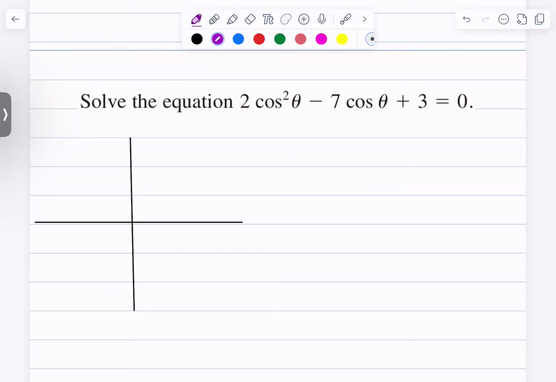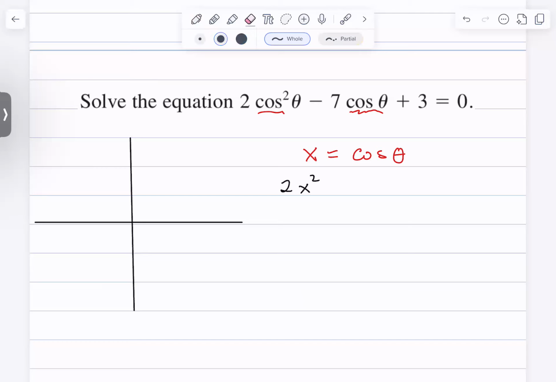If it looks confusing, class, and you have a trig function squared and you have a trig function, make x equal to that trig function. If you make x equal to that trig function and we plug it back in, 2 cosine squared, that's x squared.